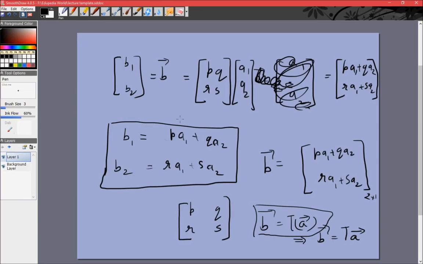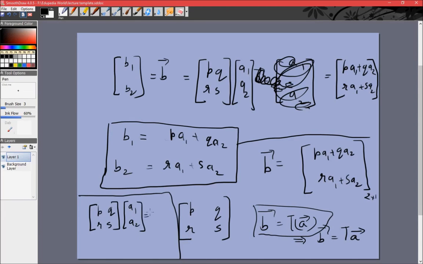So from this we get one small rule of what we want a transformation to look like. I'll just write that rule in this corner of what we want a matrix multiplication to look like. Whatever the formula for matrix multiplication should be, that should involve one thing, which is PQRS multiplied by A1 and A2 should be equal to PA1 plus QA2, RA1 plus SA2.